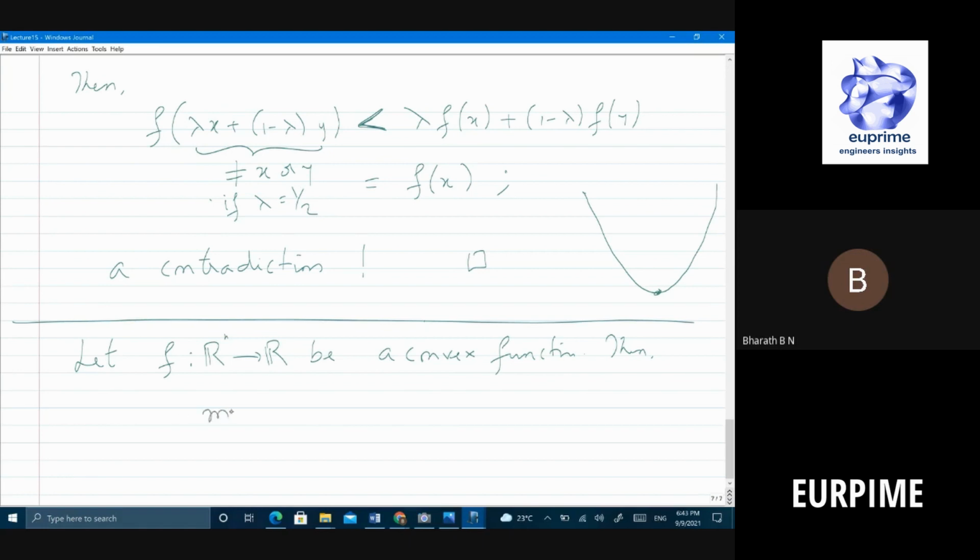Okay. Then, how do you solve this problem? Minimize over all x, f of x. Of course, this x belongs to the domain. This is called an unconstrained optimization problem. In many machine learning applications, especially involving neural networks, mostly it will be unconstrained.